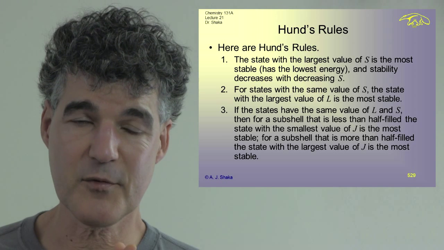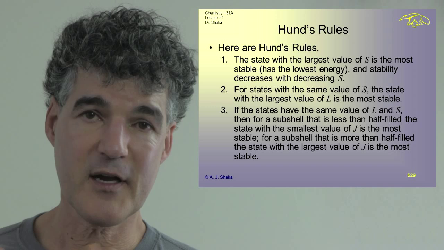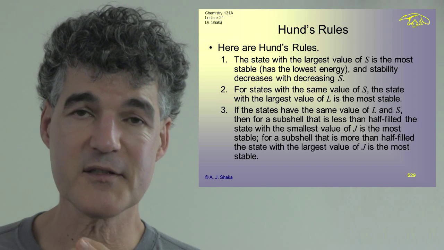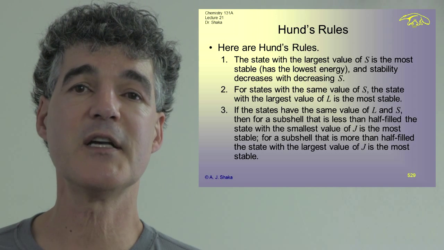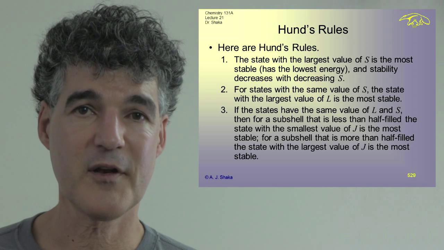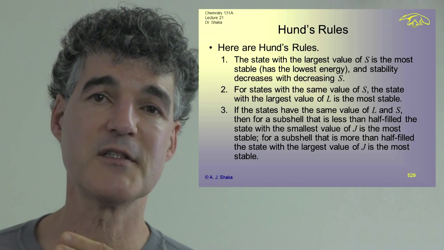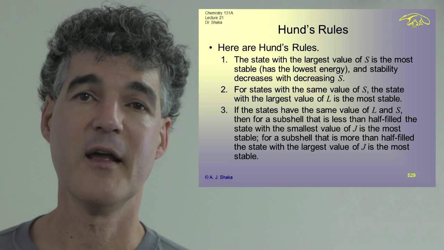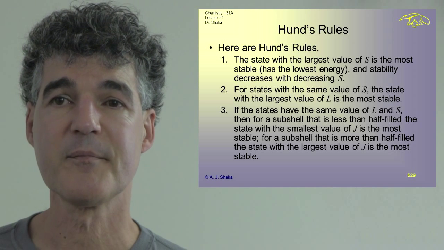Remember, we've got s as 1/2, and we can couple them together to get big S, the overall spin, and the multiplicity is 2S plus 1. Those are the number of substates that you can have for a certain value of S, just like you could have 3 substates for L equals 1, and only 1 substate for L equals 0.